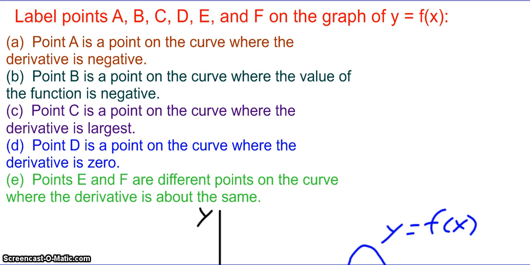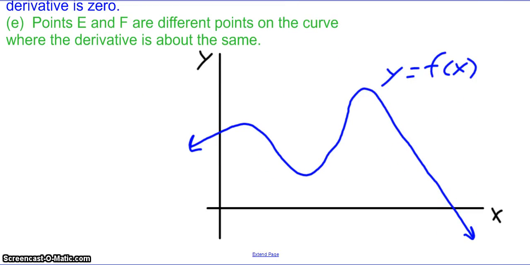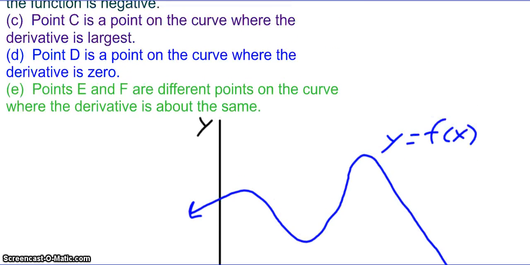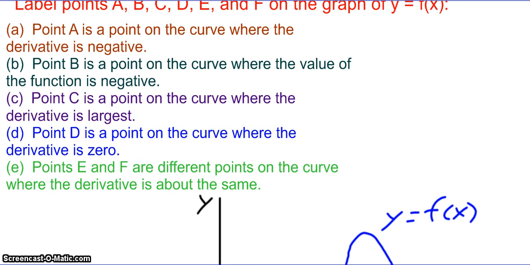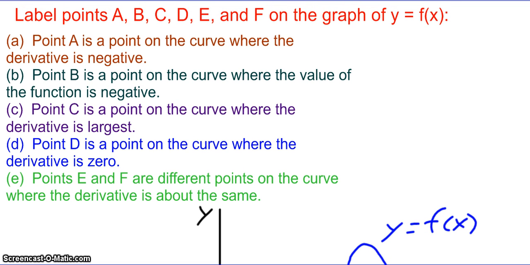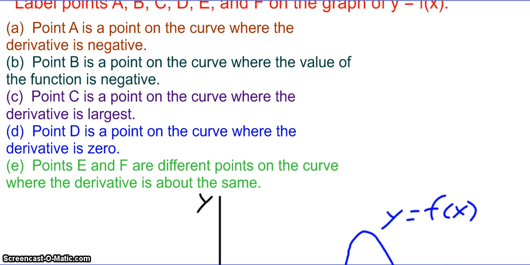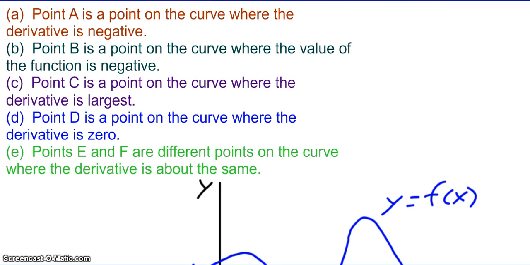Okay, next. So we're going to use this function here, this graph that I've drawn. You want to draw something similar, or just use this. And you want to figure out or label points A, B, C, D, E, and F on the graph. Point A is a point on the curve where the derivative is negative. B is a point on the curve where the value of the function is negative.